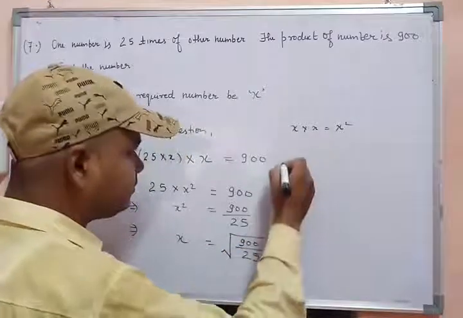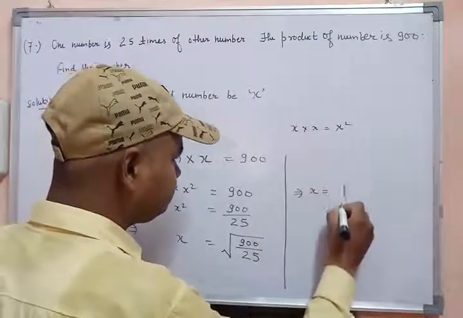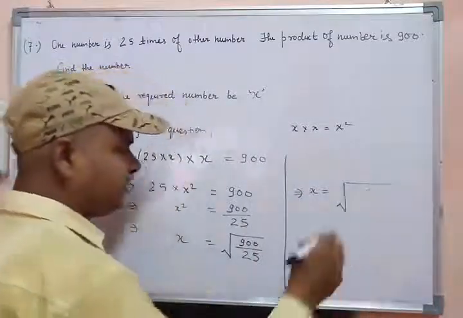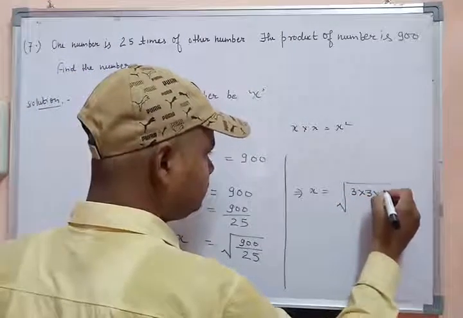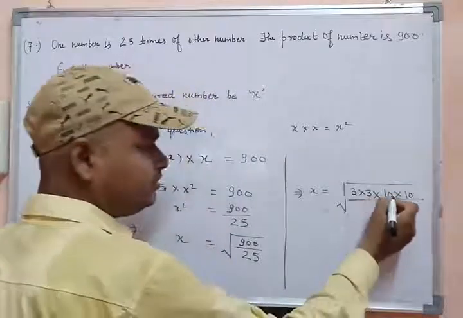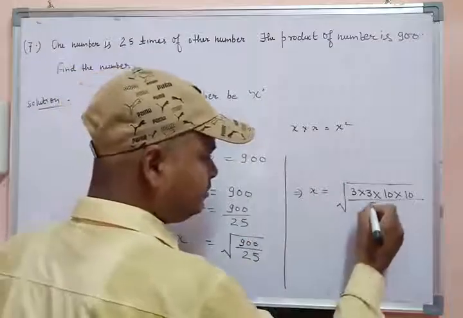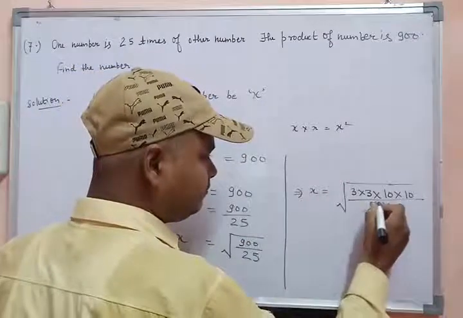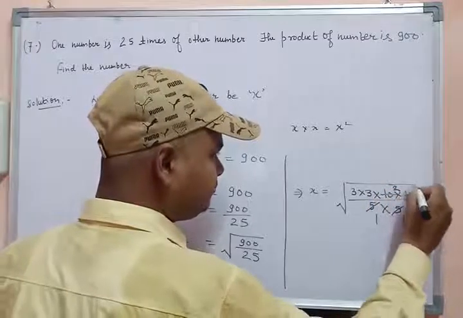Now again this can be written as 900 means 3 into 3 into 10 into 10. 3 3 9, 9 10 90, and 90 10 900, and 25 can be written as 5 into 5. 5 1 5, 5 2 10.